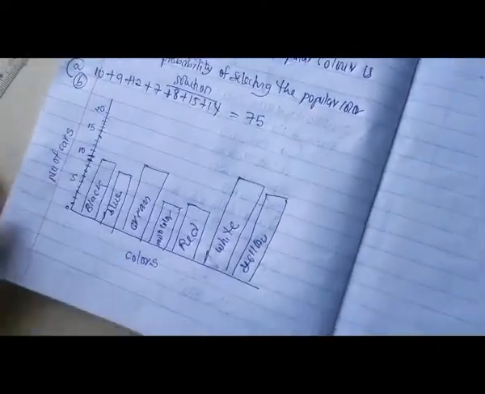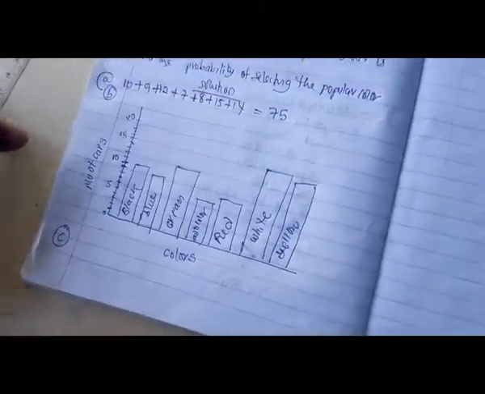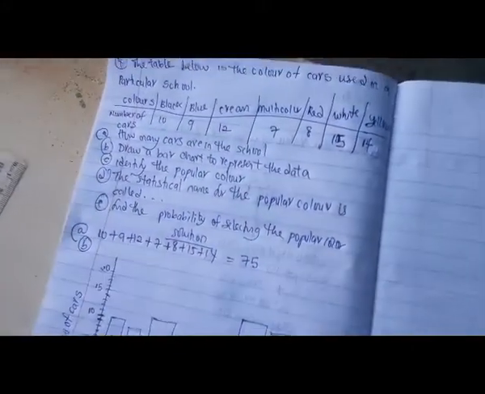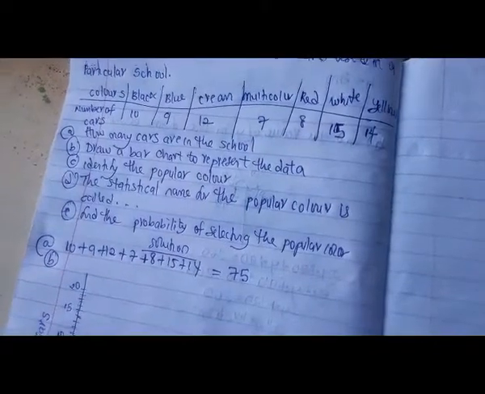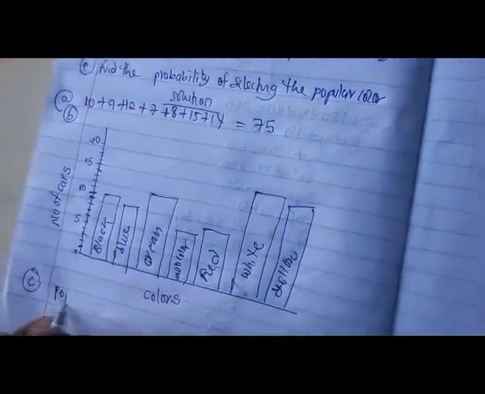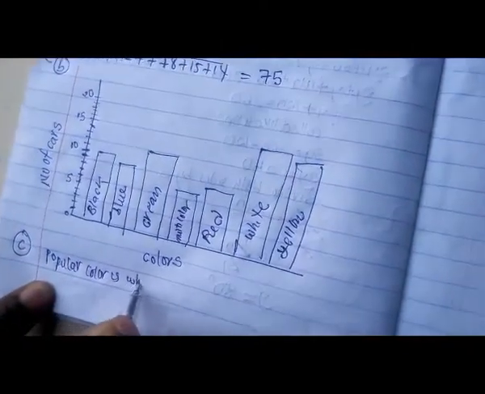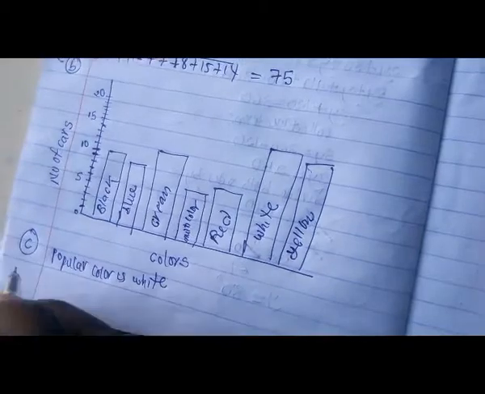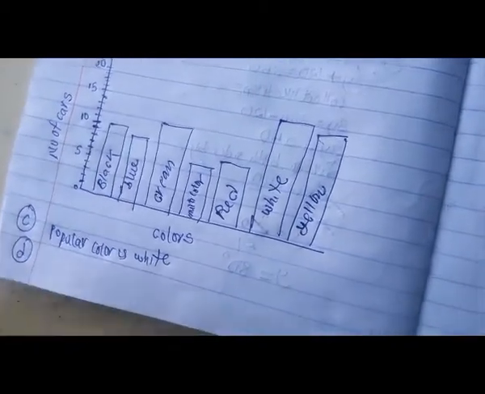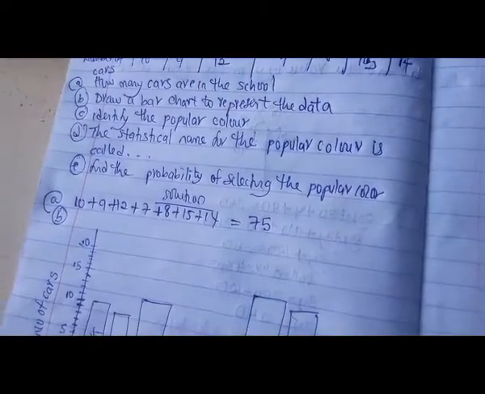So let's go to letter C. It says identify the popular color. The popular color is the one that has the highest number. So the popular color is what? White. Then D says the statistical name for the popular color is called dash.